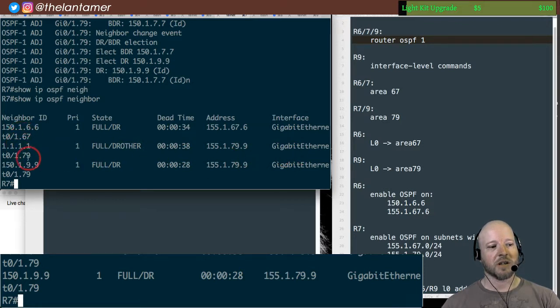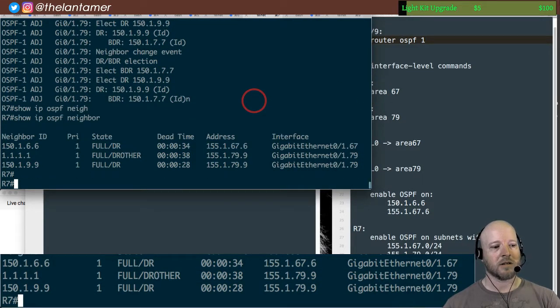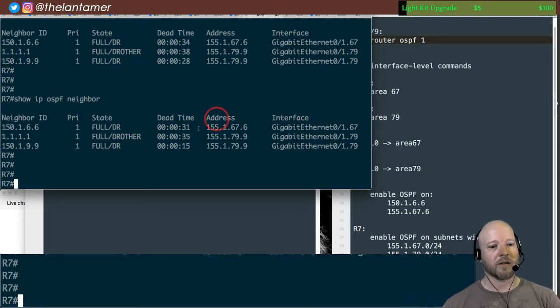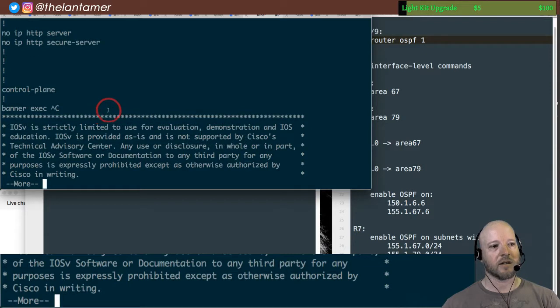So this is a little buggy, I think, because we'd probably have to clear them both out. Let's do that. Clear IP OSPF. Well, let's just take the configuration off. Show run. Yeah, let's just take it off and then put it back.